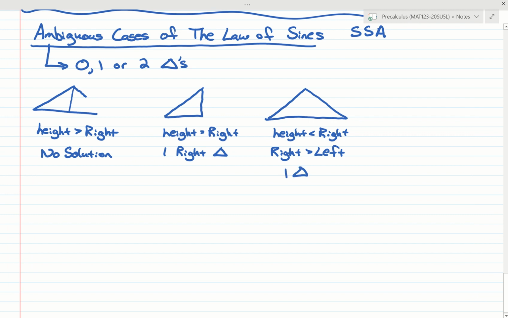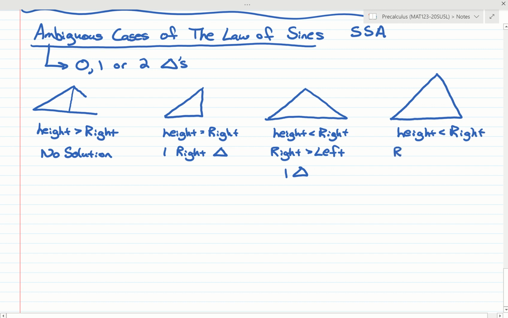And in order to get 2 triangles, it has to be just the right amount. So if the height is smaller than the right side, but the right side is smaller than the left, then you get 2 triangles.